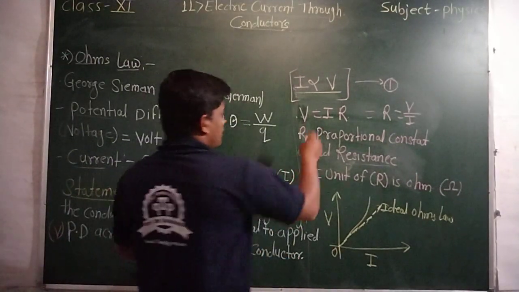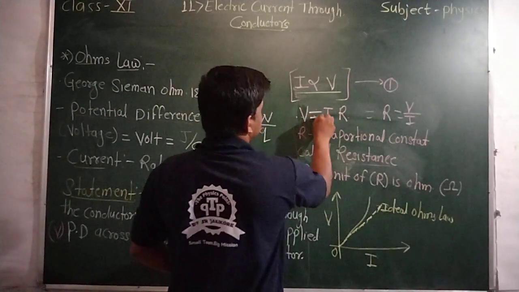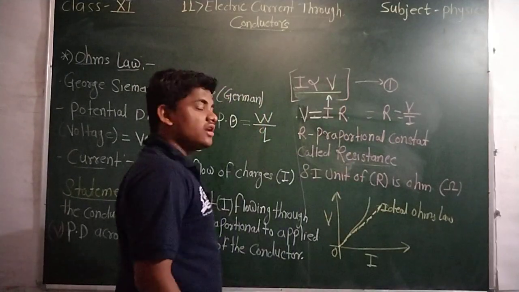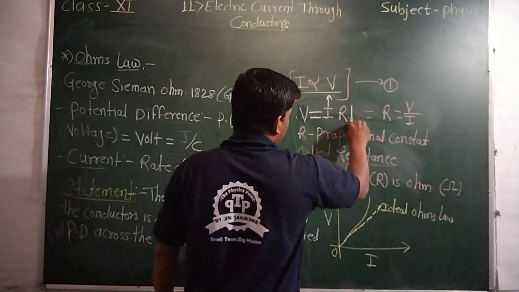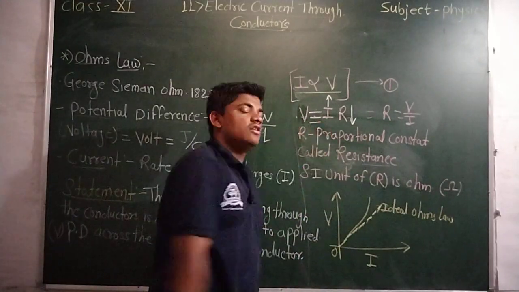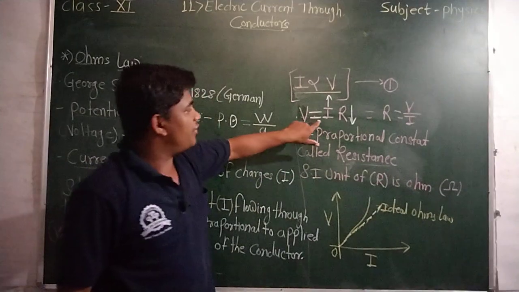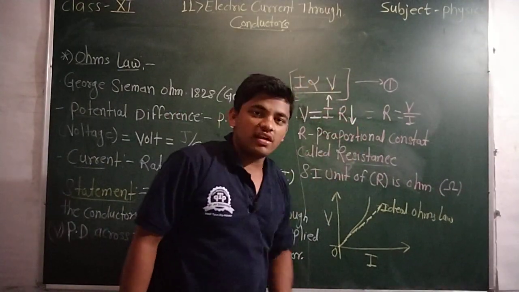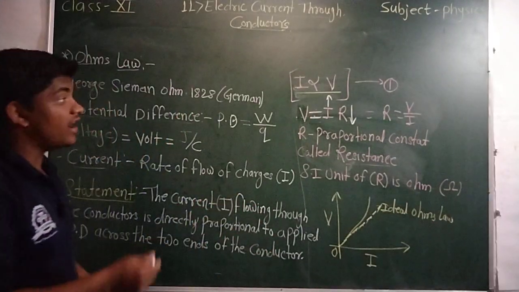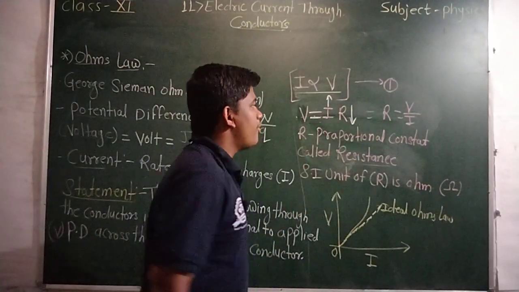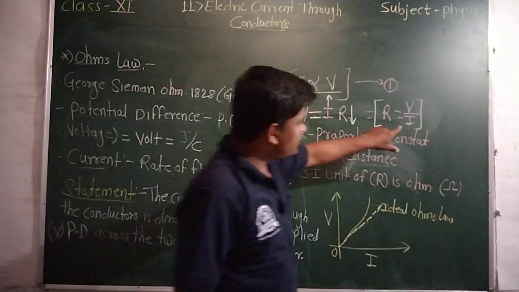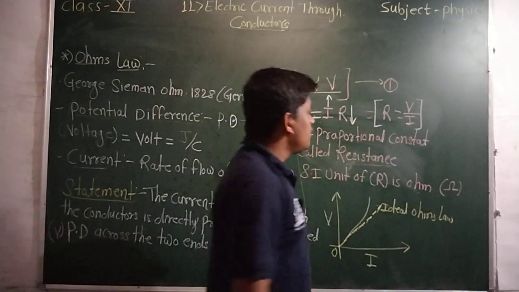To maintain the equality sign, if the current I increases, then the resistance R will decrease. So resistance and current will be inversely proportional by this formula.